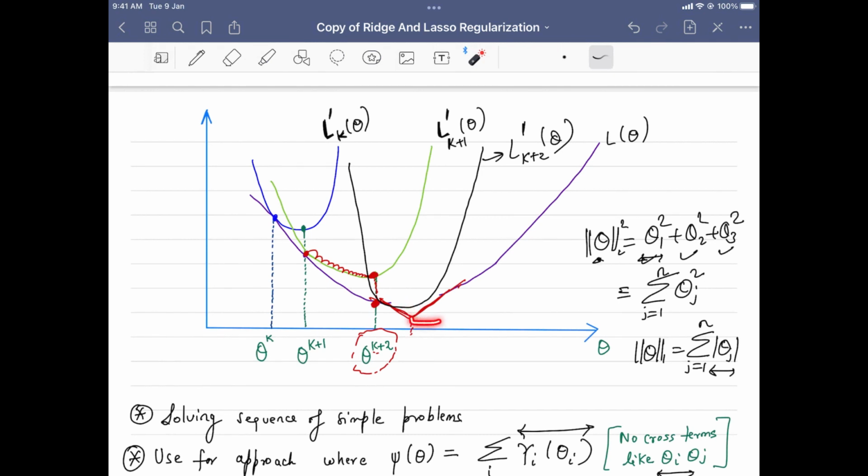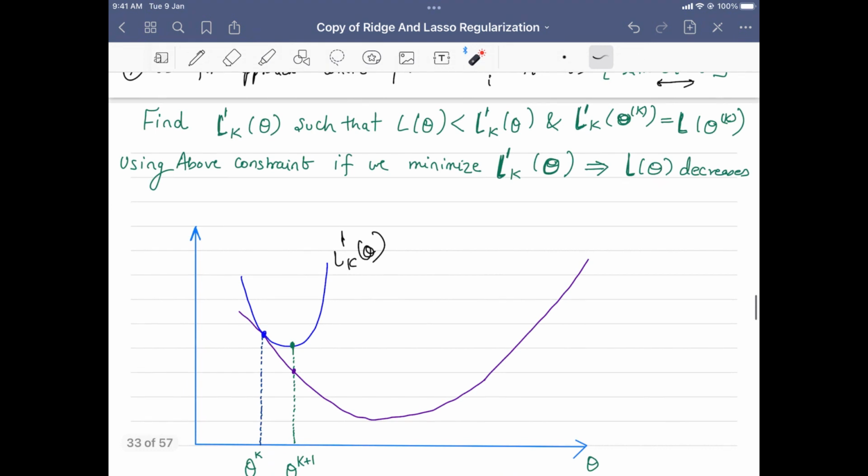So this will give you the minimum value for L theta. So this was the progression of your proximal gradient descent. As you can see with iterations how we are progressing down, and at the last point we hit the minima and get to the minima of the complete loss function L theta.